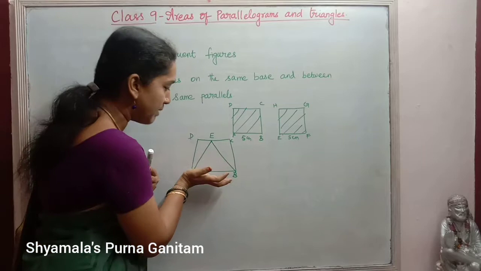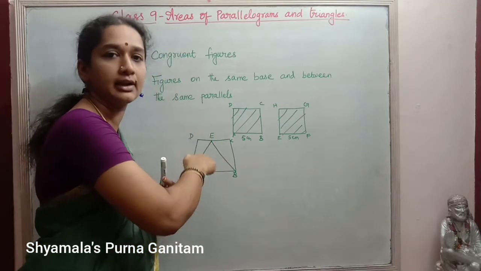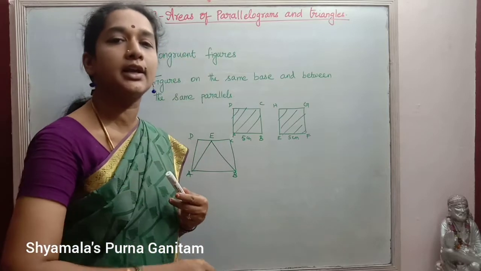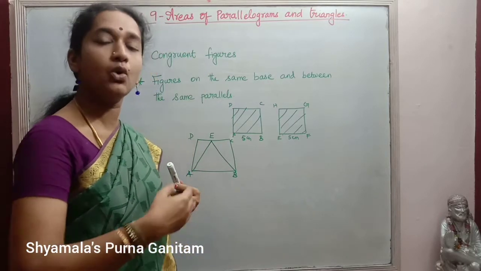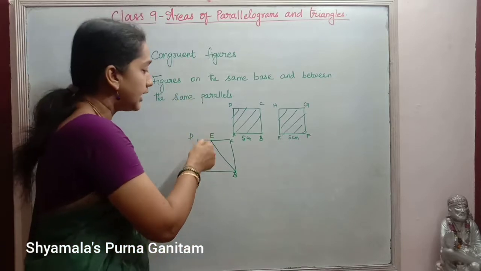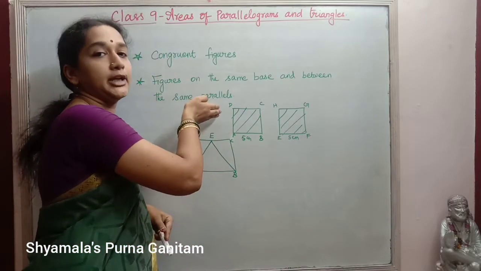Okay, so the base is the same for both the triangle and the quadrilateral. AB is the base for both. And the third vertex of the triangle is on the opposite side, on the parallel line.